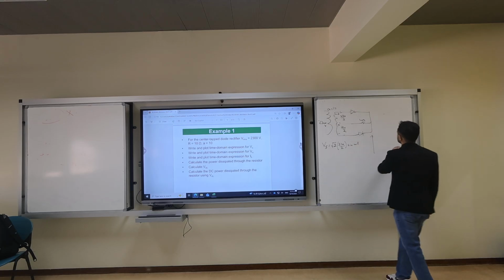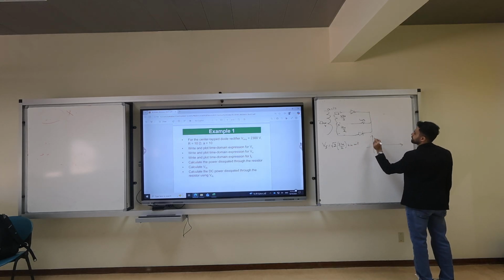How do we plot it? Here we have pi, here we have 2 pi, and this is Vs. You can put here the number square root of 2, 230 over 2.